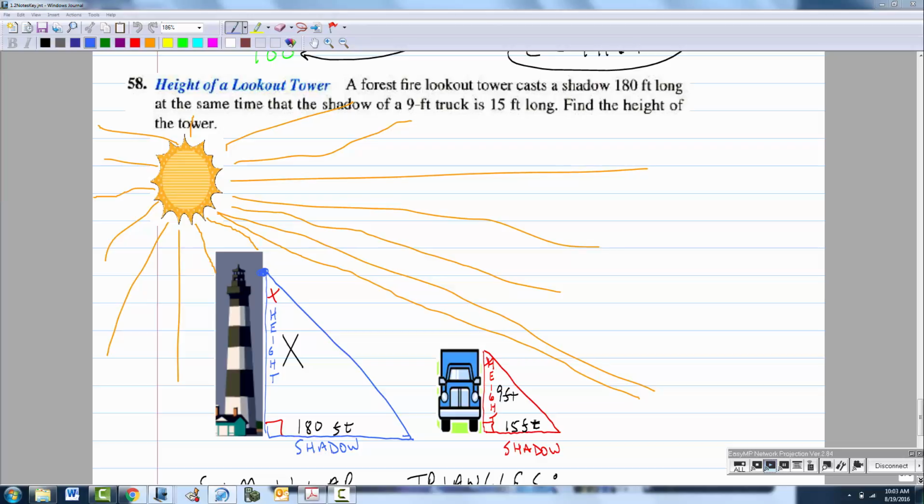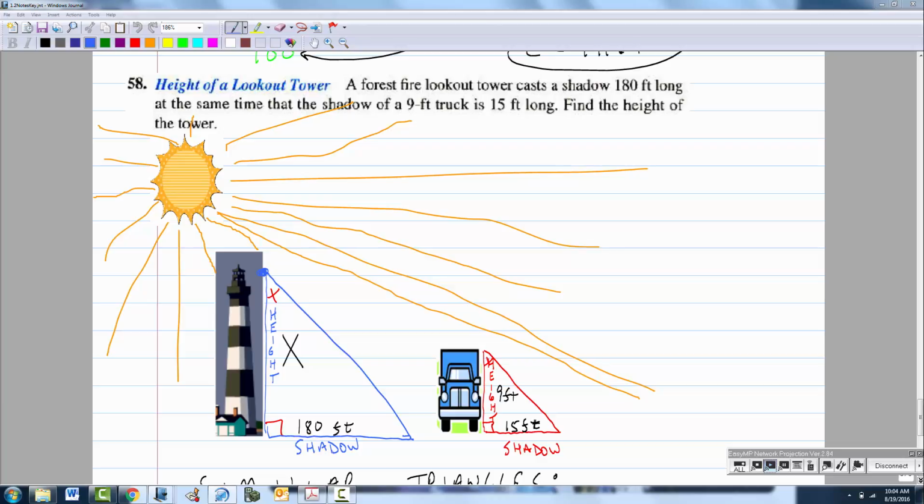Here's the idea, though. The sun obviously is, what is it, 93 million miles away, I think? That number's in my head. It comes from this book. We have a lot of cool book questions later about the planets and Earth and spinning around. But the sun's so far away that the shadow on the lighthouse and the shadow on the truck creates a similar triangle relationship because the angle that it hits each one of them, even though this is taller, since it's so far away, is exactly the same.